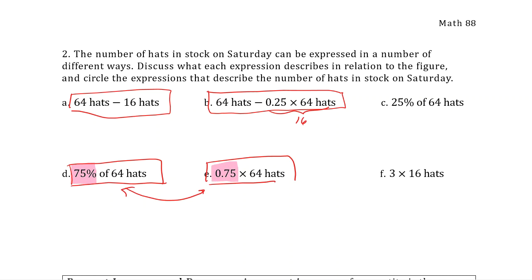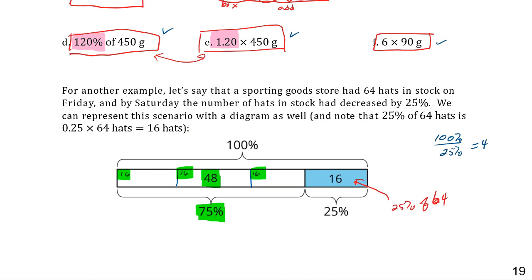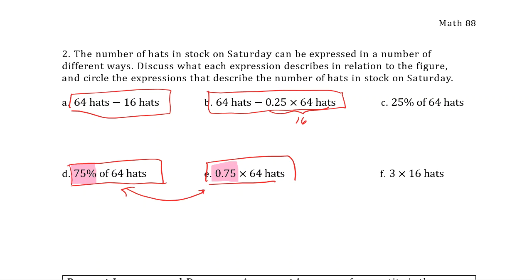How about 3 times 16? 3 sixteenths. Yeah, 3 sixteenths will work. Remember, 16 is 25%. So 3 sixteenths is like 3 25%s, which is the same as 75%. So that will work as well.